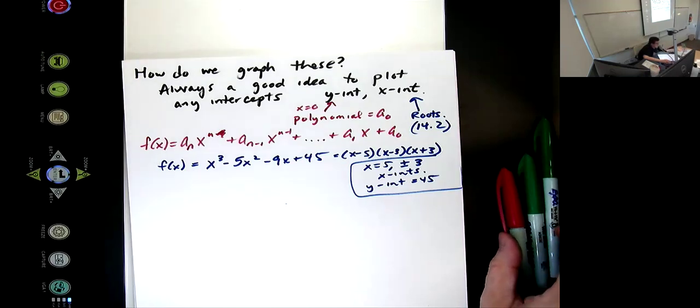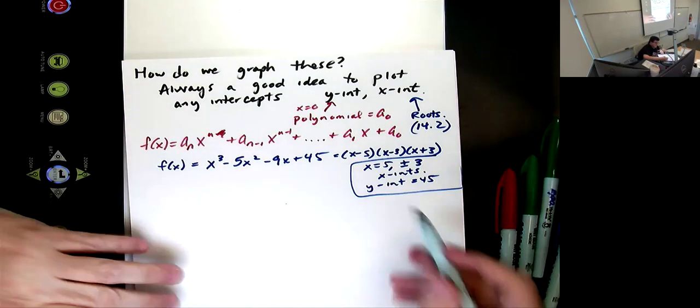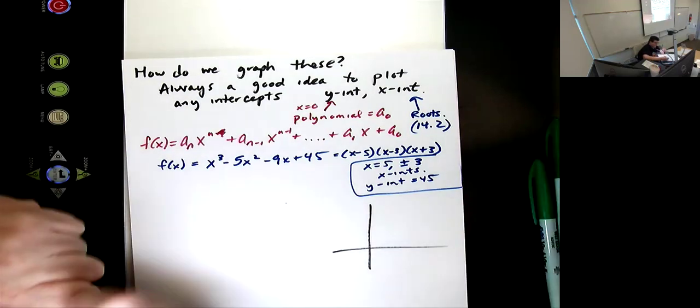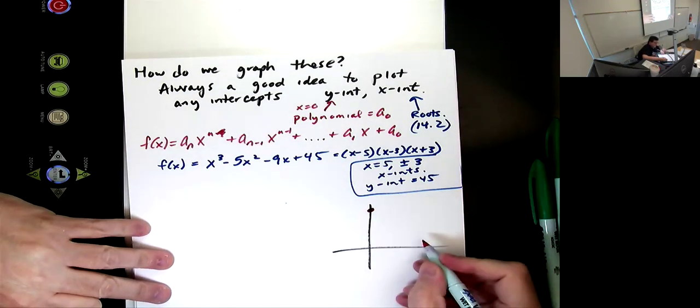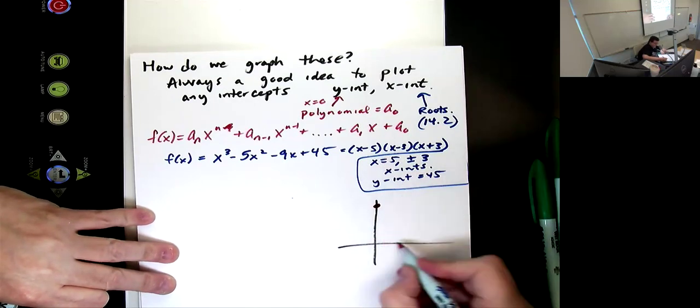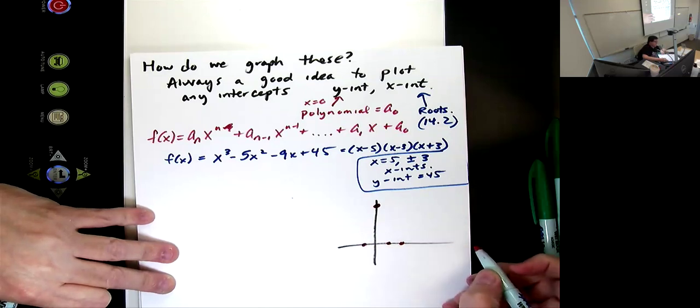So to motivate, this is telling me where it crosses the axis. 45 is way up here, and 3 and 5 are probably like here and here, and negative 3 is there.